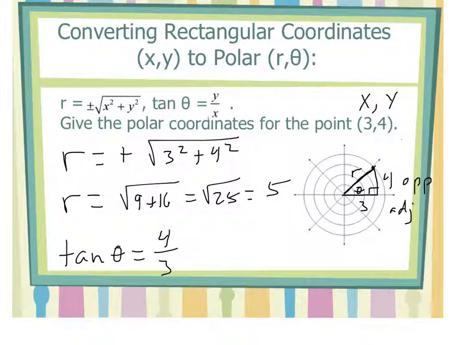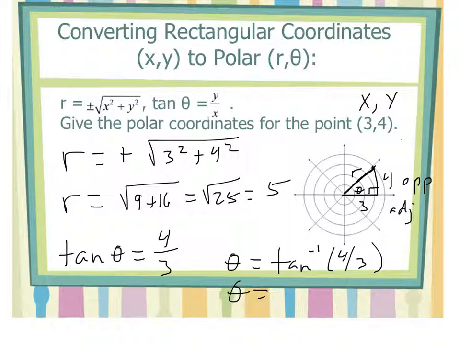Now I've got to get theta, which I would just use my calculator for because I do not believe I'm dealing with an angle on the unit circle. Not terrible to find it. I just need to go to my calculator and do inverse tangent of 4/3.